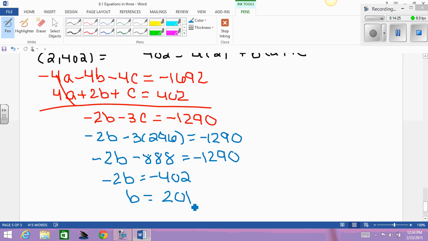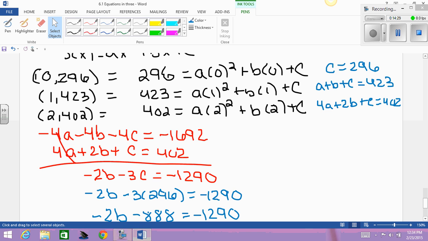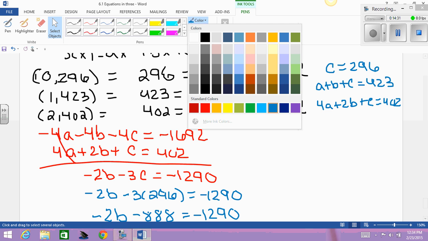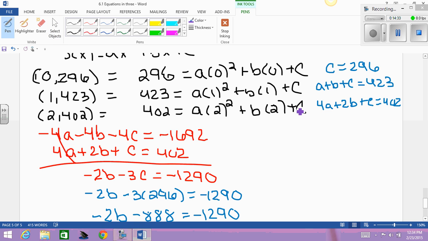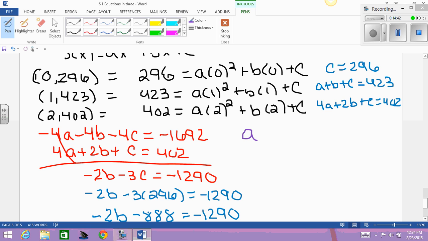We pick the easy equation, right? The easy equation is going to be this a plus b plus c. So we need a. We have b, found b to be 201. We have c, 296. We know that has to be 423.